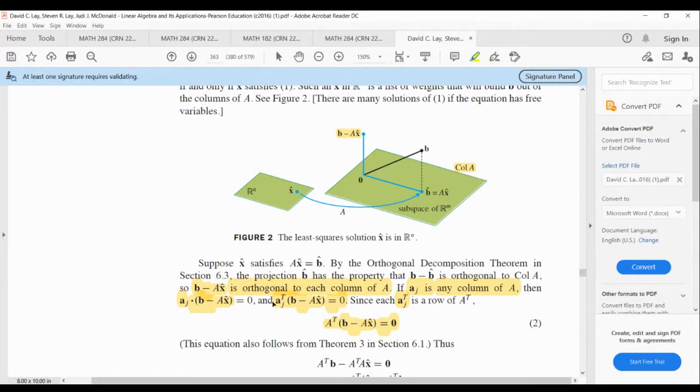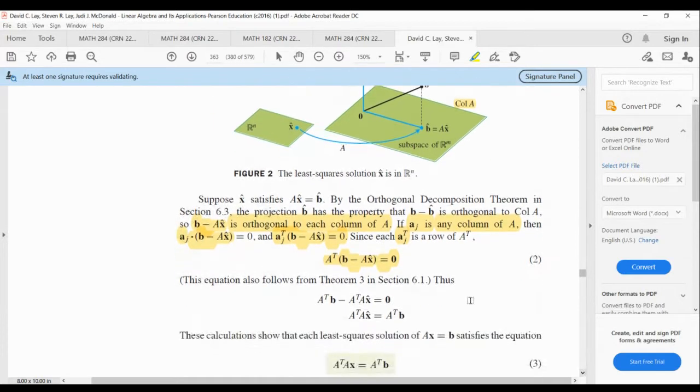The fact that this is true for every vector in the column space of A means that A transpose times b minus A x hat equals 0. This is how we're going to solve for x hat, because once we get our least squares solution x hat, then we will know what the projection vector b hat is.